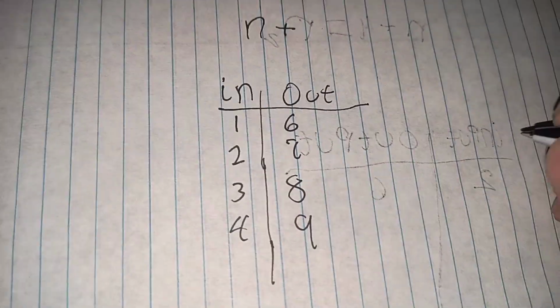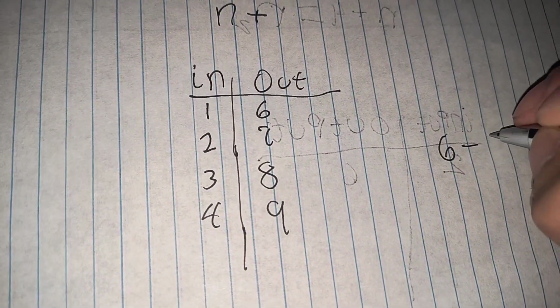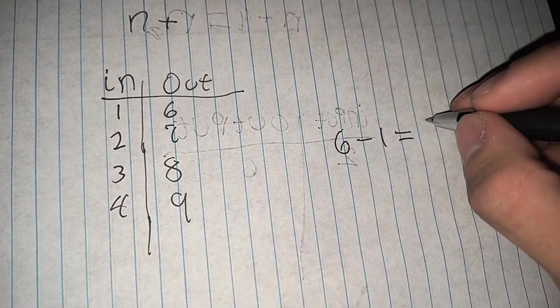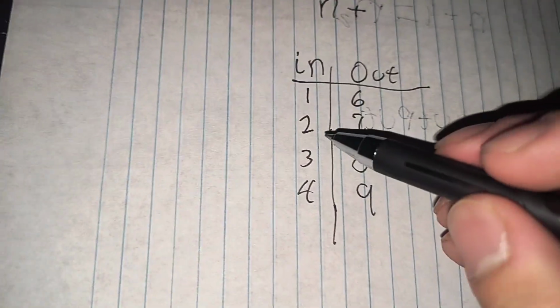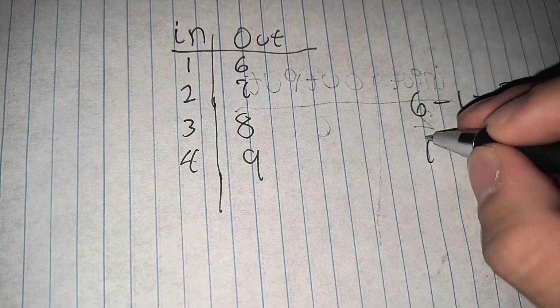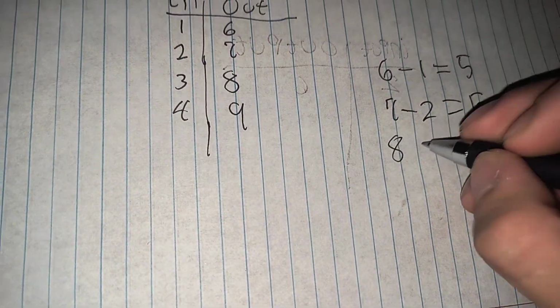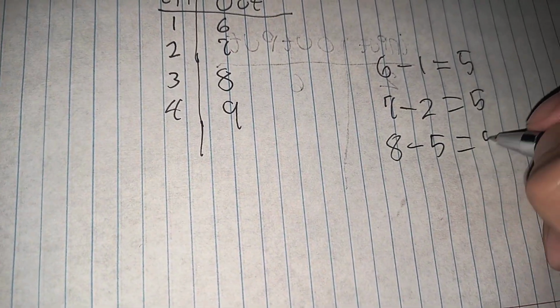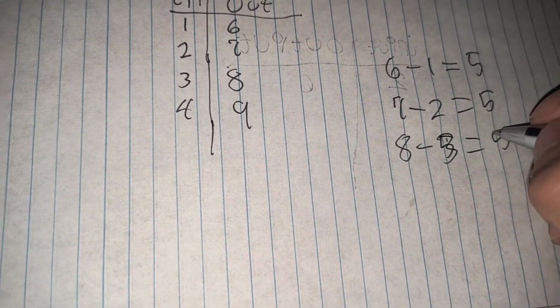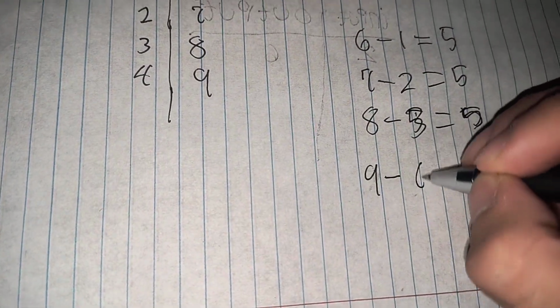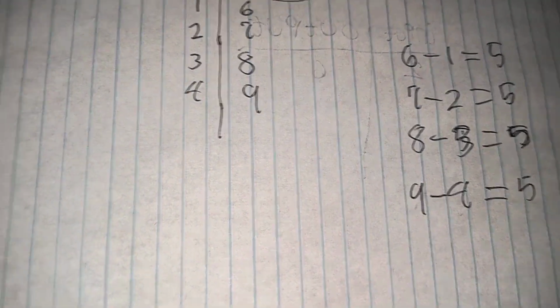Well, let's take the difference between 6 and 1. That's 5. Now let's take the difference between 7 and 2. That's 5 again. And the difference between 8 and 3 is 5. 4 and 9: 9 minus 4 equals 5.